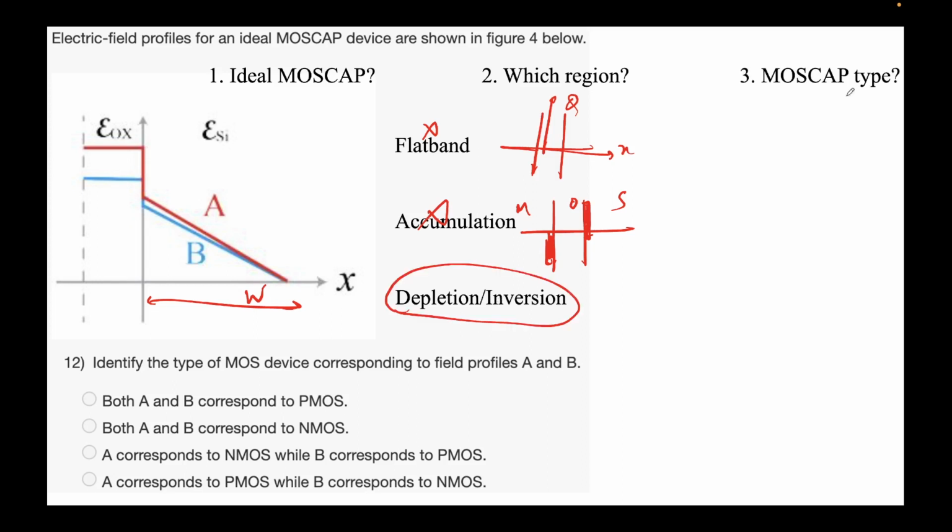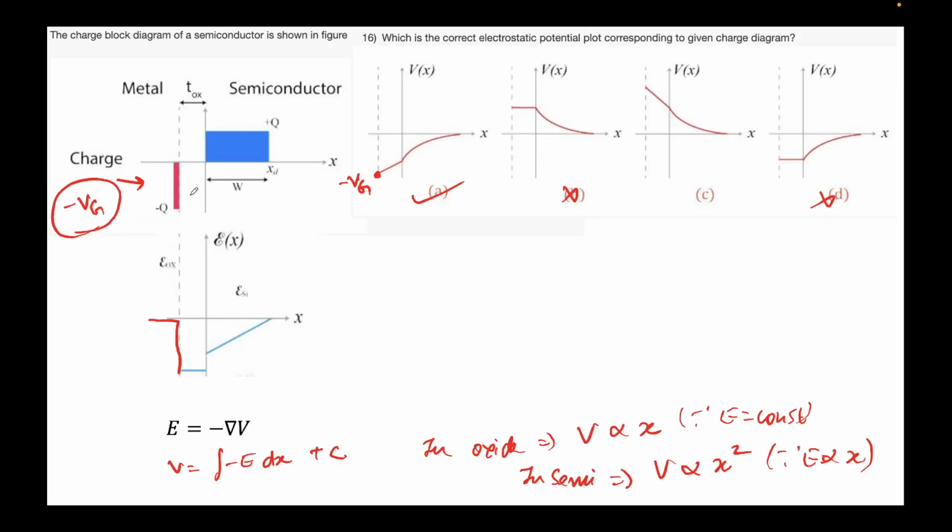It's actually very easy to do in this case once we know it's in depletion. Or you can compare with the previous problem. How? When it was a PMOS cap, remember, the electric field was in the negative direction. Why negative direction?